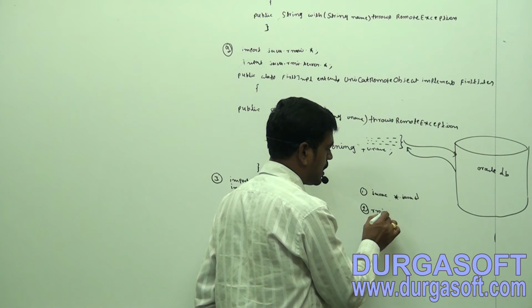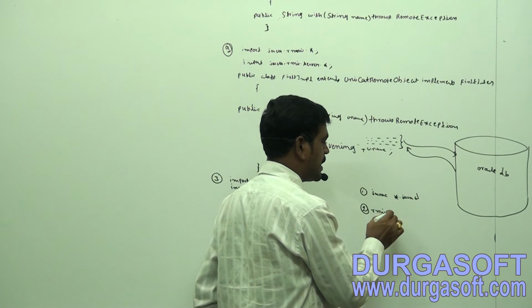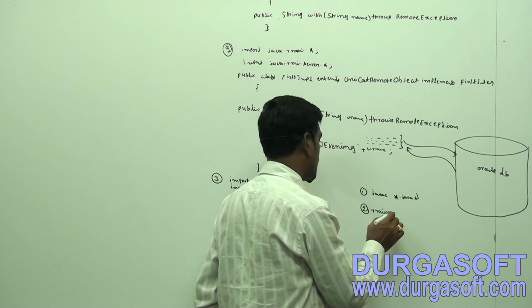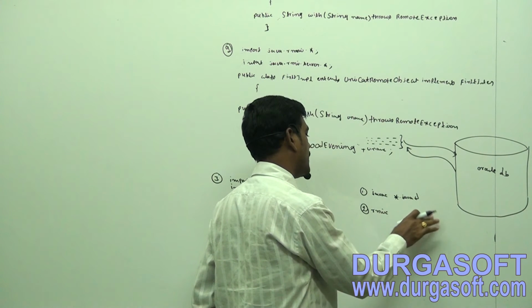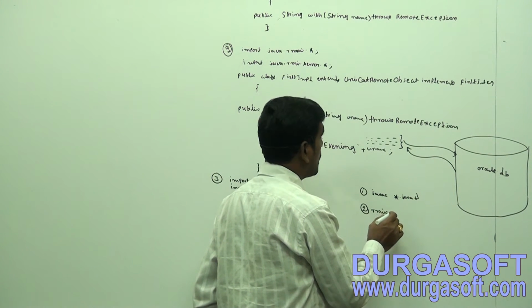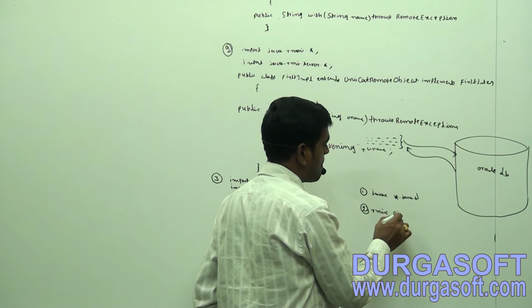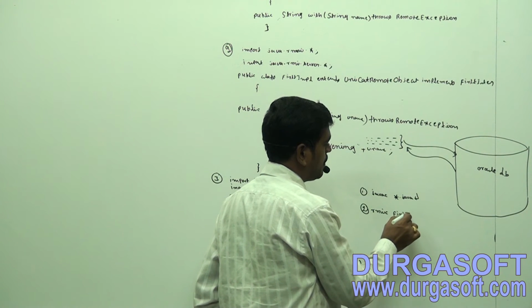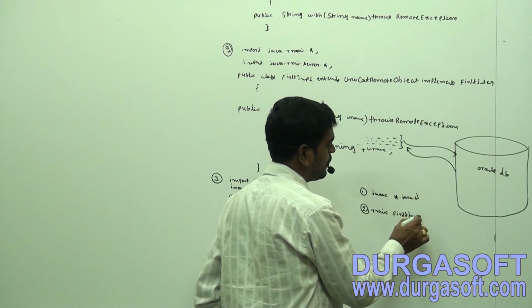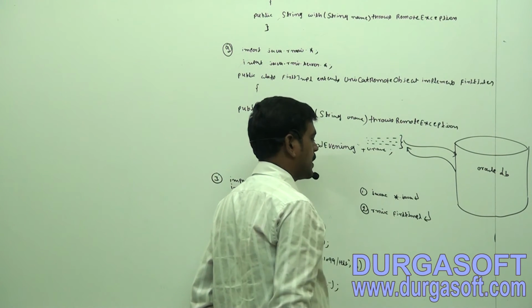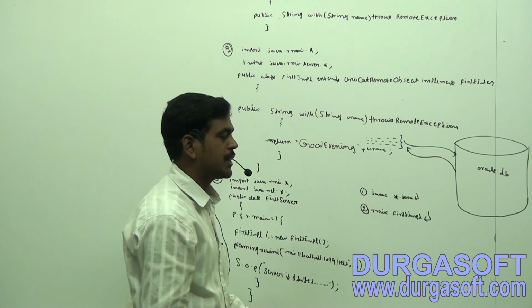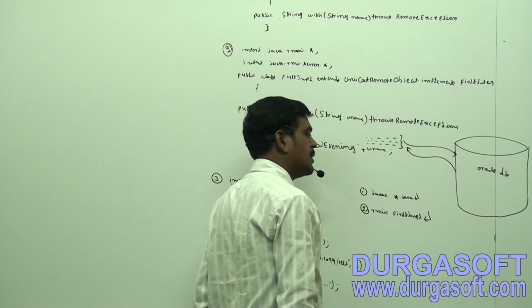By using the RMIC tool. RMIC FirstImpl. Then we can get the stub.